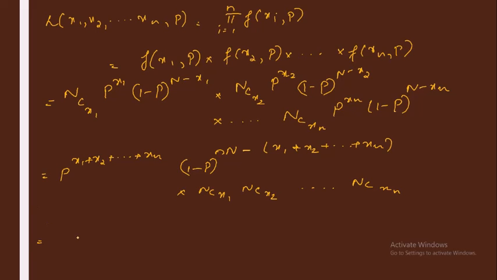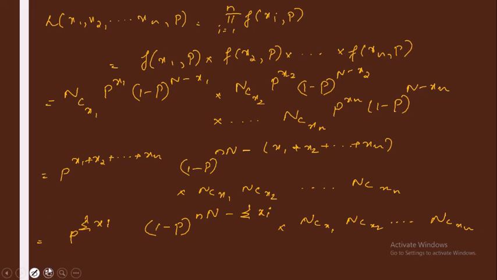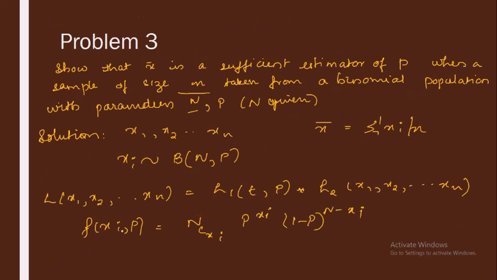Now this is equal to p raised to summation xi, multiplied by 1 minus p raised to n minus again summation xi, multiplied by the combinations nCx1, nCx2, etc., nCxn. Instead of summation xi, see our question is regarding what?